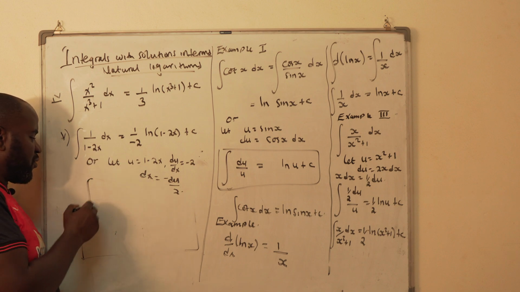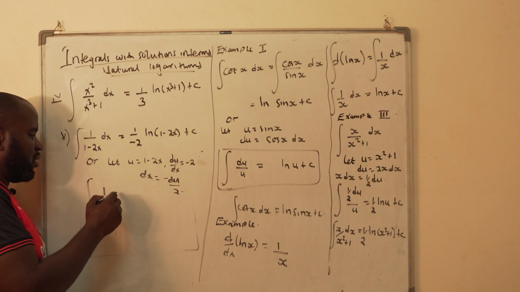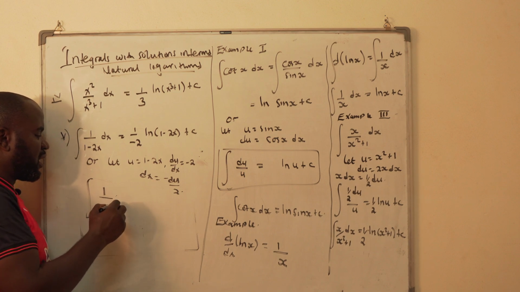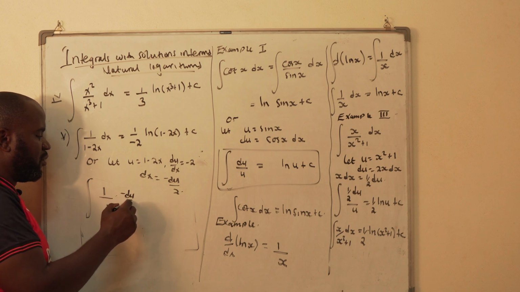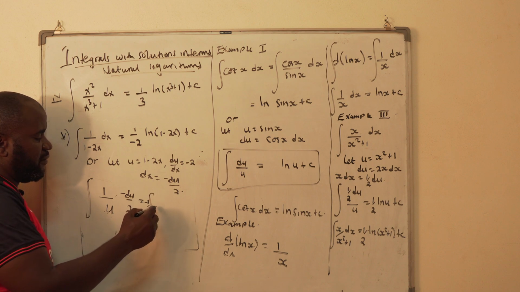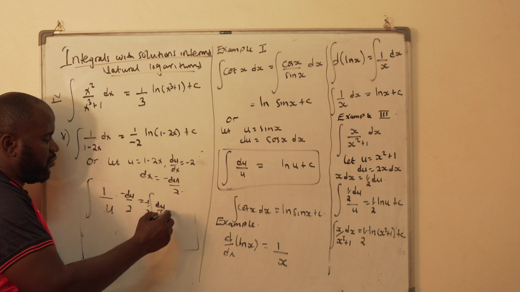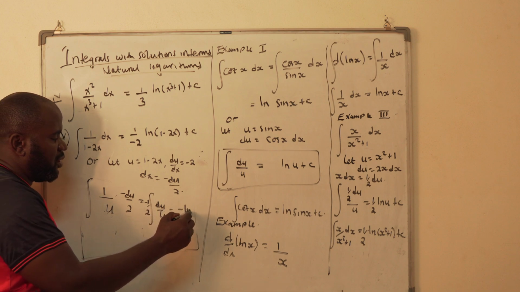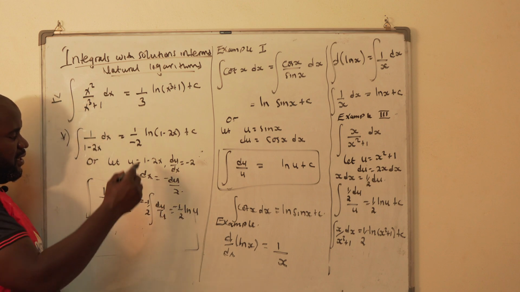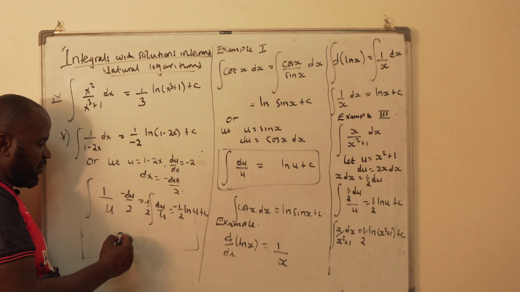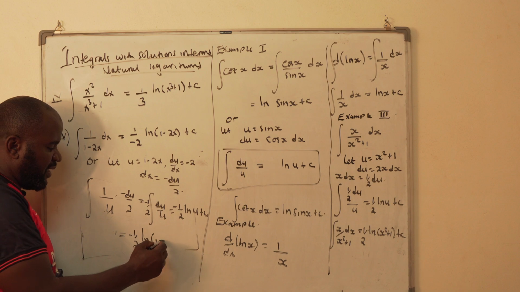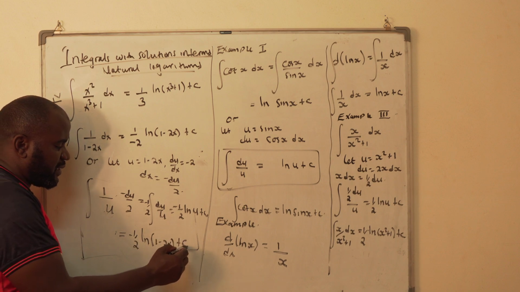When you substitute, you'll have the integral of 1 over u, times negative du over 2, which will be the integral of negative a half of du out of u, which will give us a negative natural log of u out of 2, which is a half. And when you substitute up there, that's how the answer will become negative a half natural log of 1 minus 2x plus a constant.